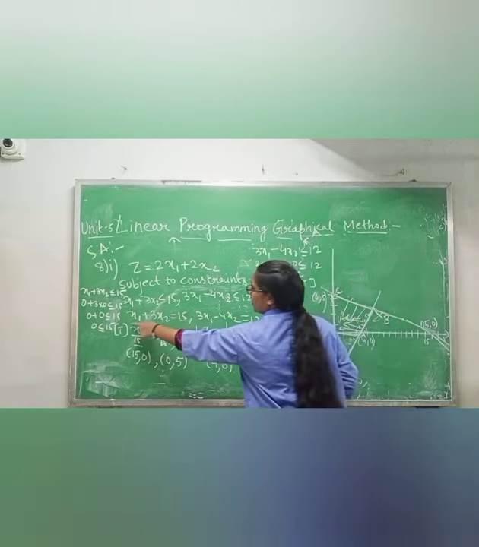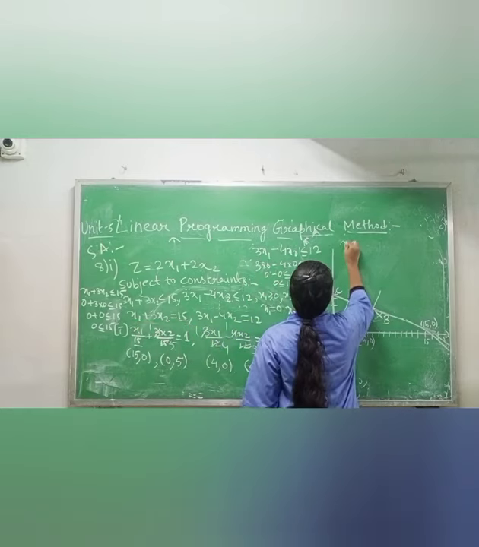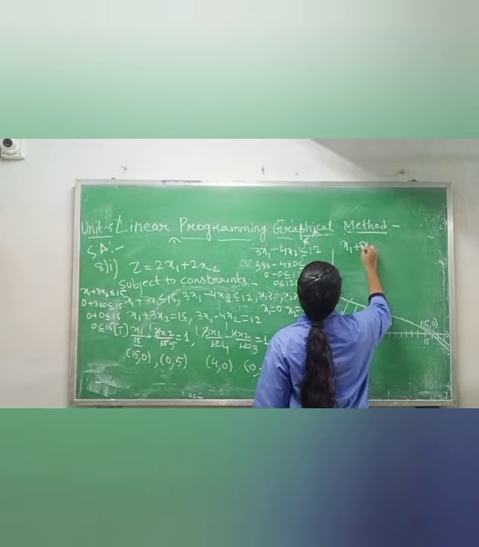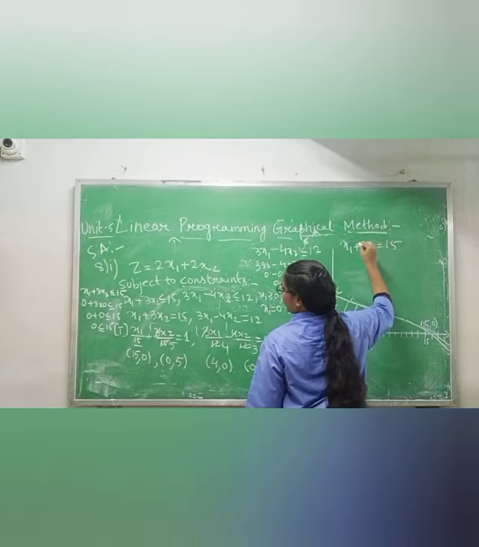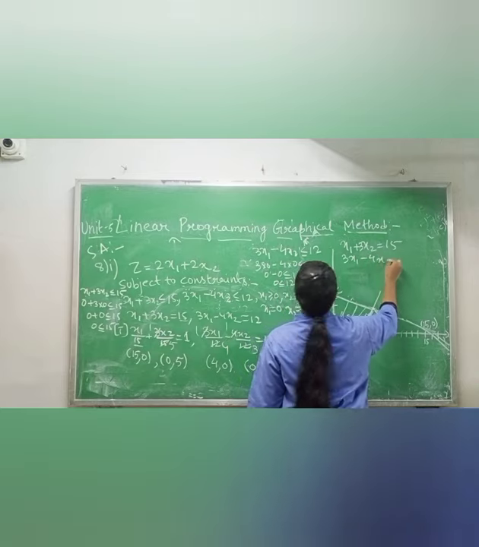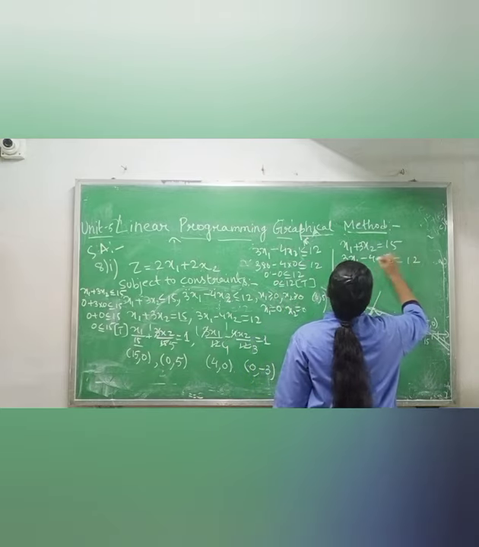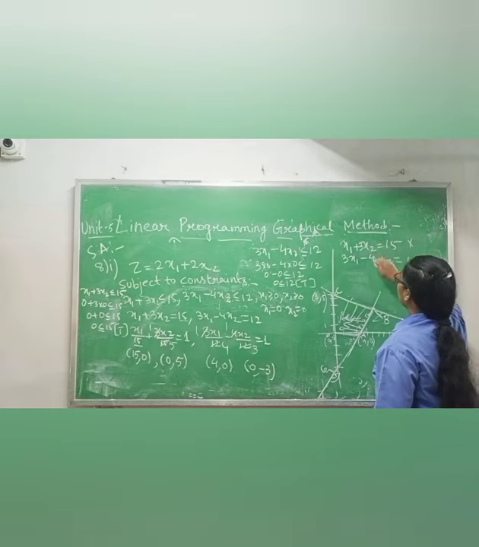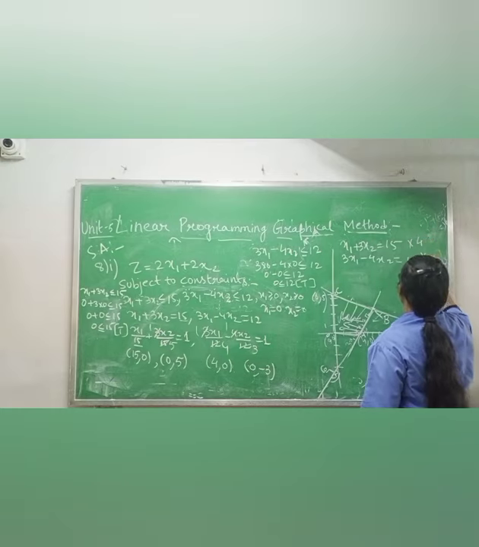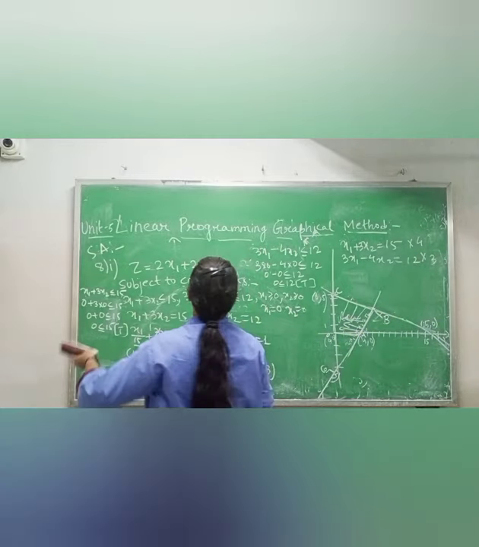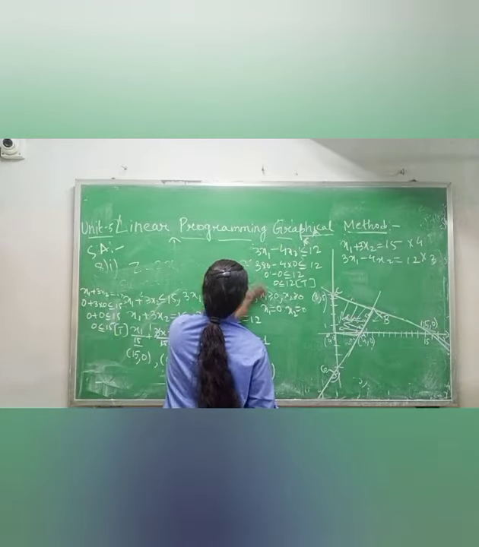So what are the equations? x1 plus 3x2 equals 15, and the second one is 3x1 minus 4x2 equals 12. Now I am equalizing x2. So I am multiplying by 4 here, and here I am multiplying by 3.